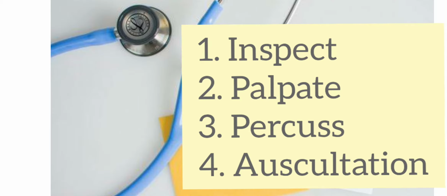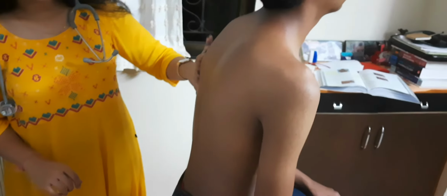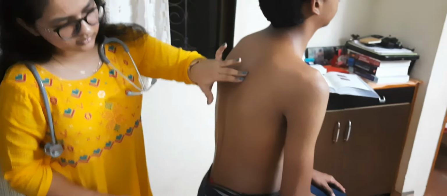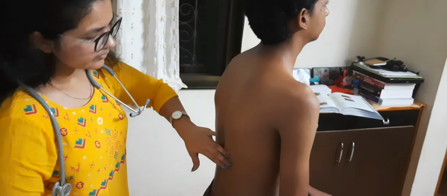A sequence must be followed while examining the chest, whether it is the posterior chest or anterior chest. That is, first inspect, palpate, percuss, and then auscultate. Standing in the midline behind the patient, note the shape of the chest and how the chest moves. Inspect for any deformities, any abnormal muscle retraction, or any impaired respiratory movement.